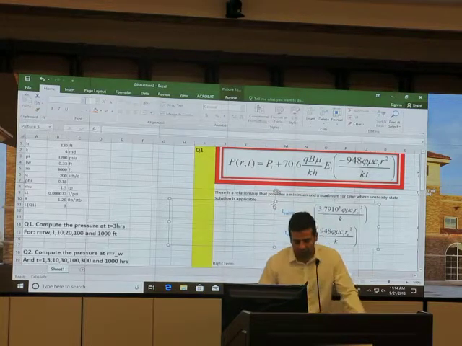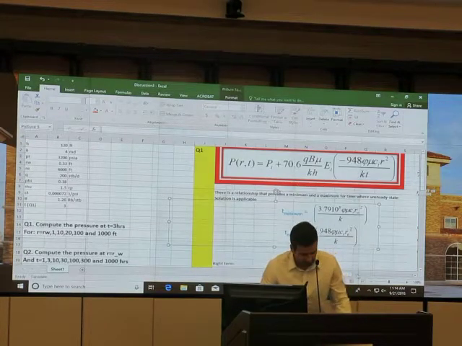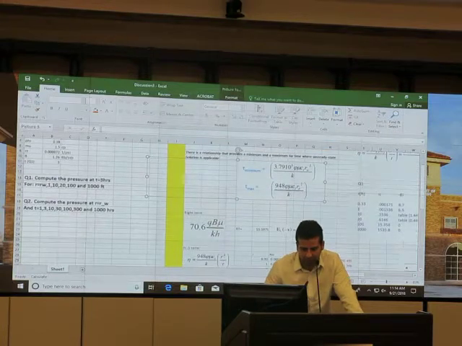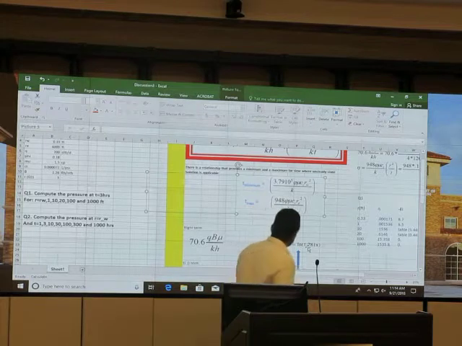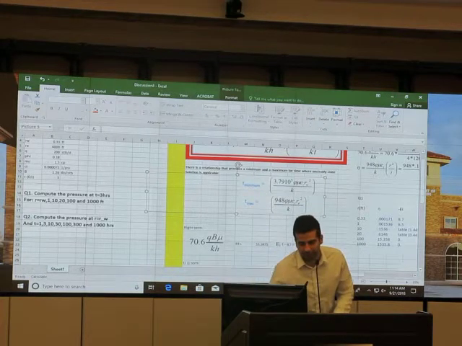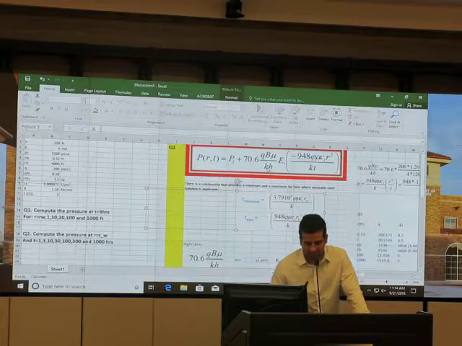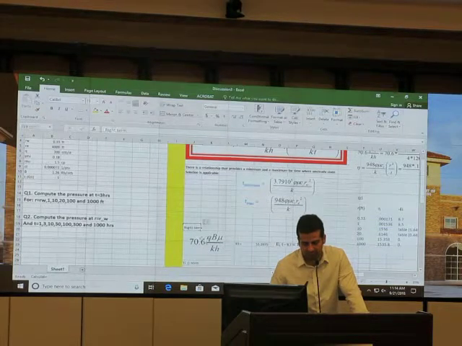Okay? So how to solve this equation? Let me just zoom out. What is the general procedure that you get to use? For example, this term over here is constant because nothing changes, T and R. So you put it here and calculate it.